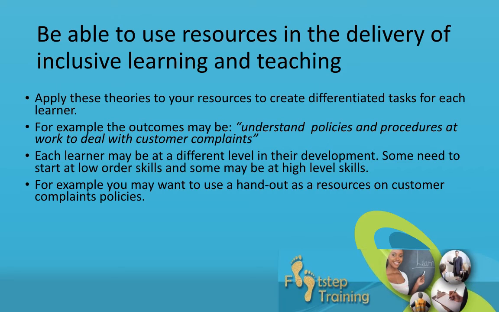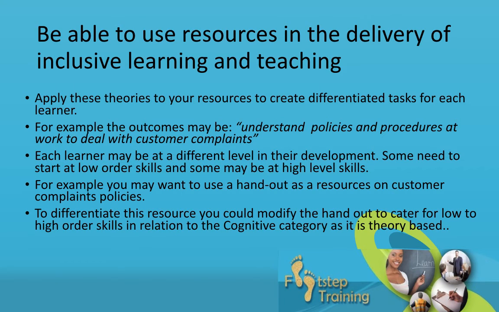So, as it says here, for example, you might want to use a handout as a resource on customer complaints policies. And you could then differentiate this resource. You could modify it to cater for low to high order skills in relation to cognitive category as it is theory based. So what you might have is for people who already know what the organisation's customer complaints policies are, you might have a handout that has bits missing and you want them to fill the gaps and you want them to try and work out what's missing and understand what's there.